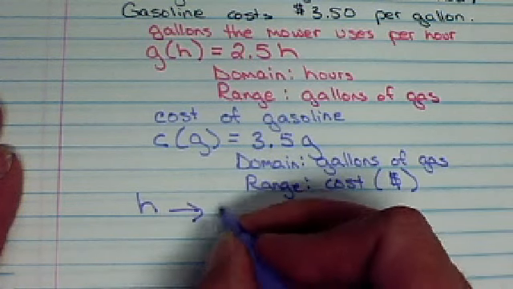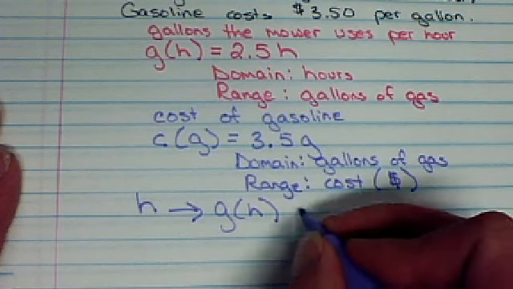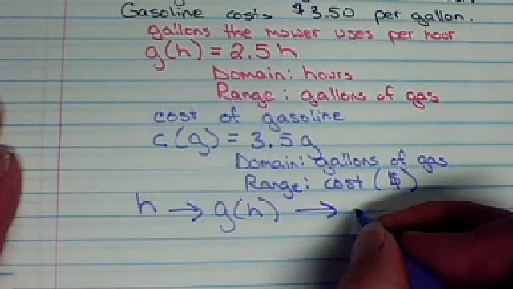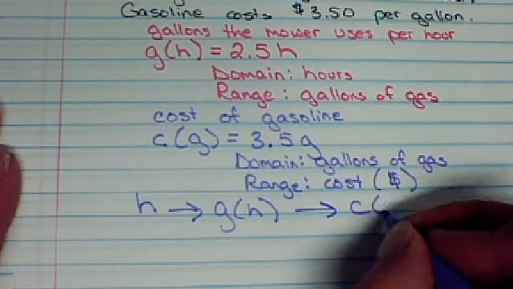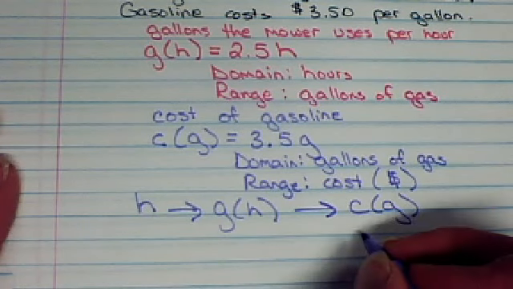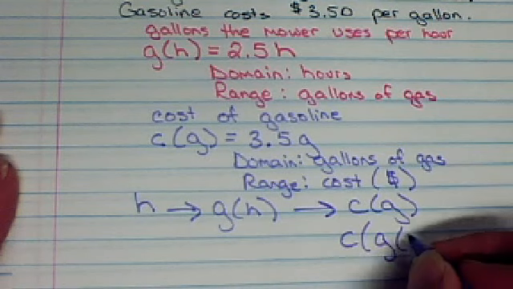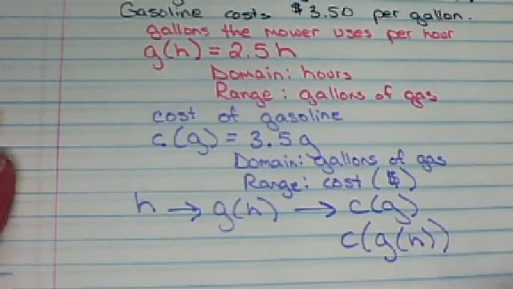They go into gallons per hour, and that gives me, then that answer would go into the cost per gallon. It's actually a cost per gallon, but that's based on how many hours we run.